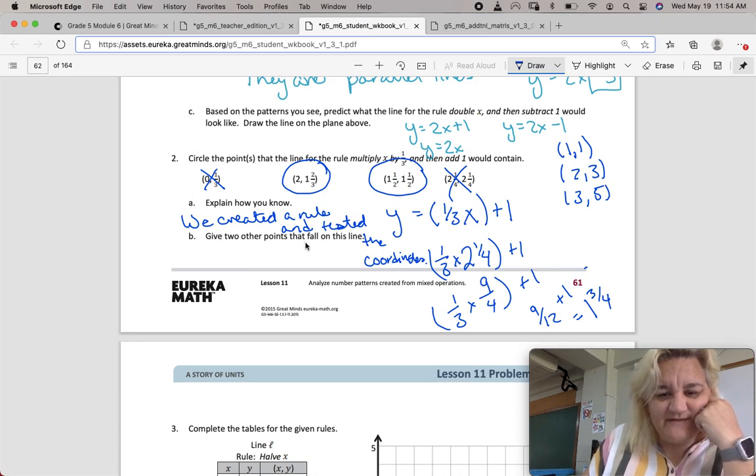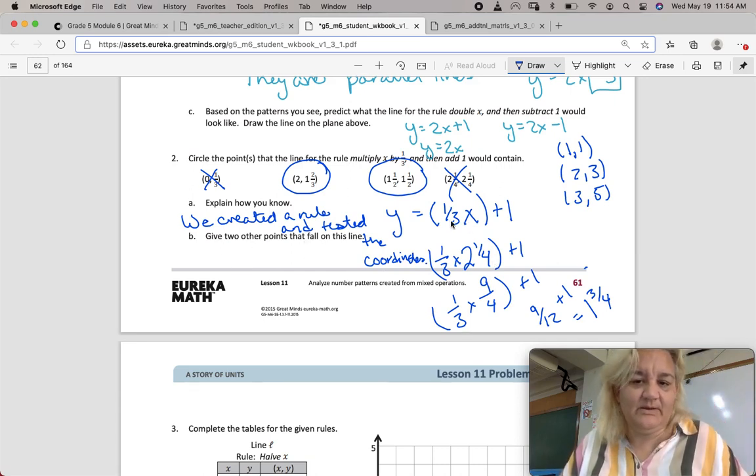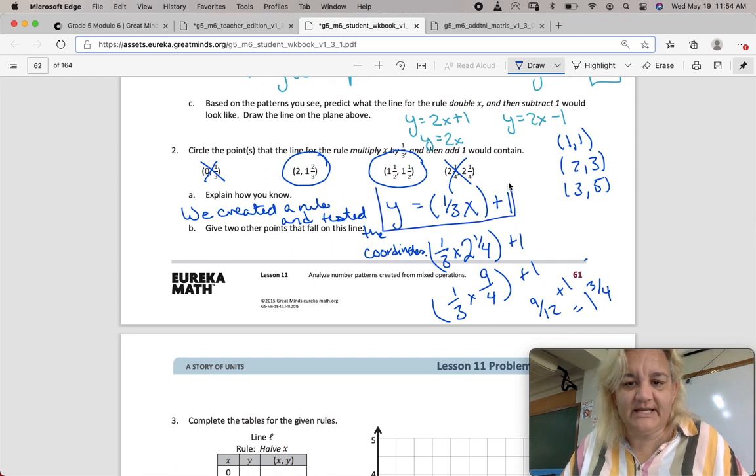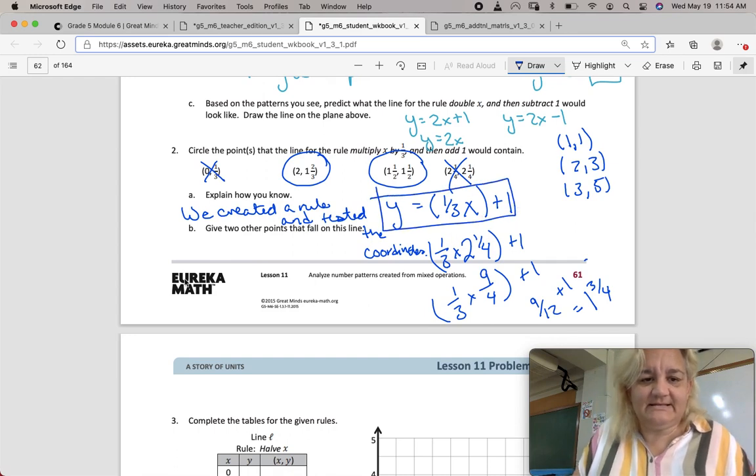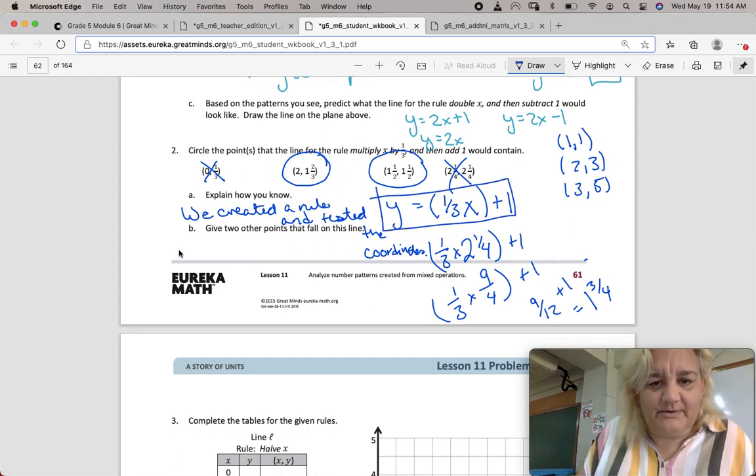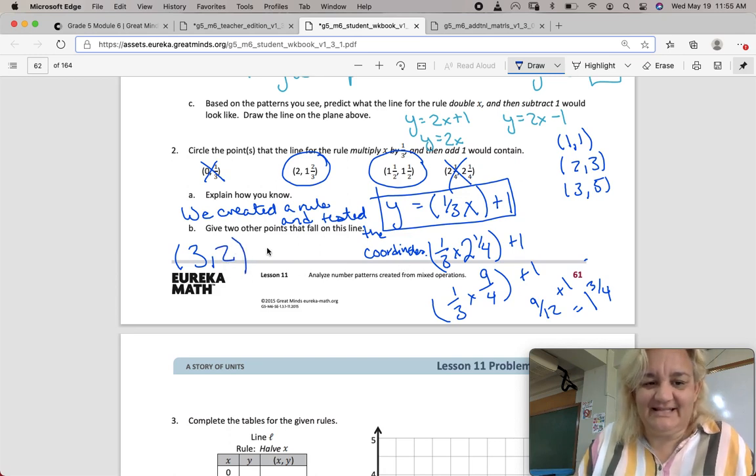Give 2 other points that fall on this line. Okay, well, we know the rule, so we can plug in any number we want as x, and we'll come out with y. So let's try 3. 3 times 1/3 would be 1. Okay. 1 plus 1 is 2. Look at that. That's a nice one. Let's give another point.